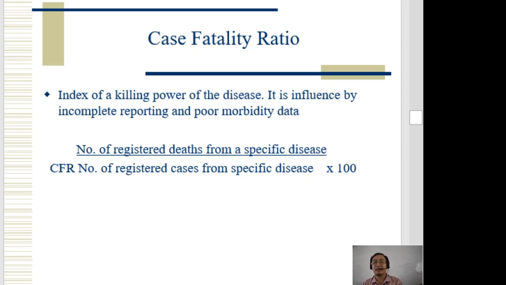Again, high CFR means more fatal disease, and usually the registrations of deaths come from the hospital or the community.